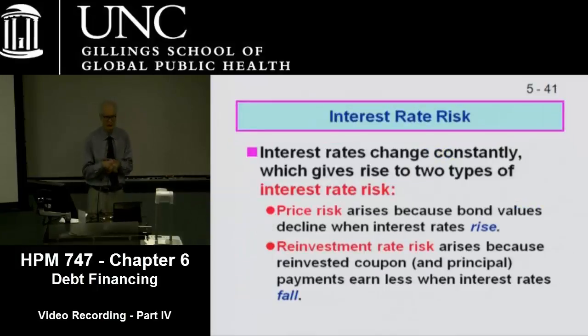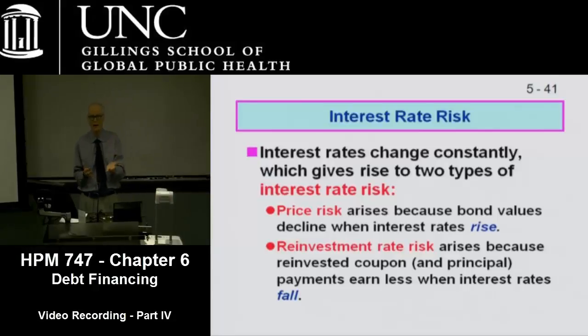Okay, so now we're going to come back to what Rory was talking about half an hour ago, and that's interest rate risk. When you buy and sell bonds, and you issue bonds, investors face two different kinds of risk: price risk and reinvestment risk. Price risk happens because bond values decline when interest rates rise.